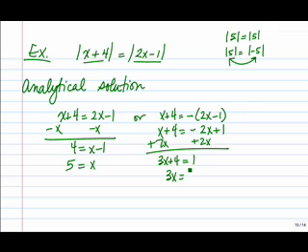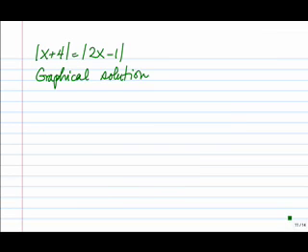So we can subtract 4 to get 3x equals negative 3, and therefore x is negative 1. Let me clean this up right here for a minute. So our two solutions would be negative 1 and 5. Now, let's talk about how we could do that graphically.